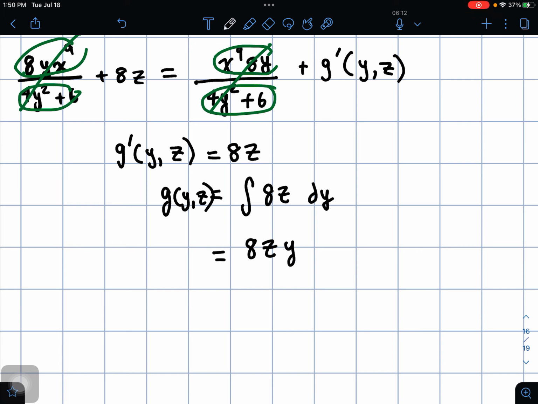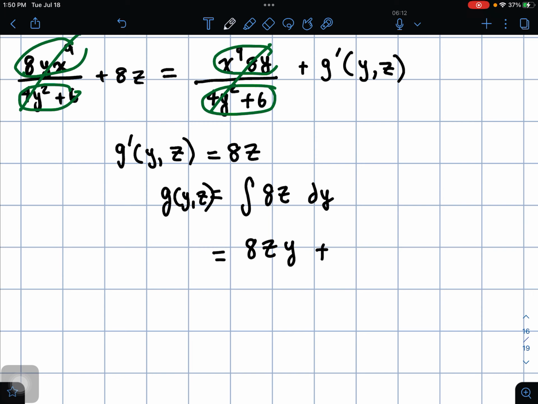And again, this is an integral, so we need some constant, and I think what you can do now is, what is it? Now we have some constant again, but this constant is going to be with respect to z, sorry.